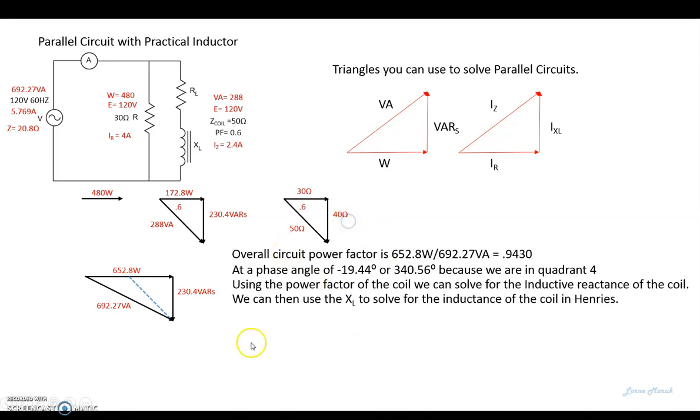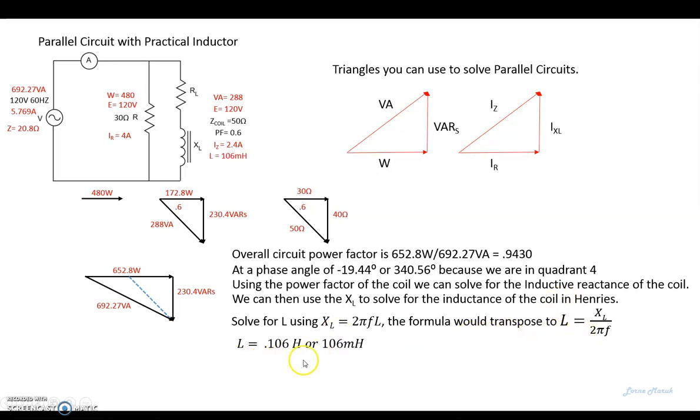And now we can solve for our inductance in henries using XL of 40 and our inductive reactance formula, transposing it to solve for L. In this case, we'll get 0.106 henries, which we would normally write as 106 millihenries.